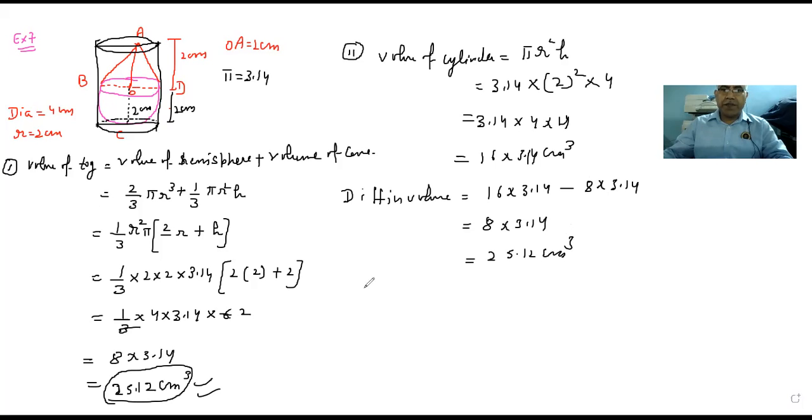So which implies the difference in volume of cylinder and cone is 25.12 centimeter cube.